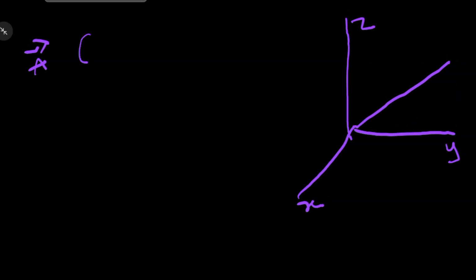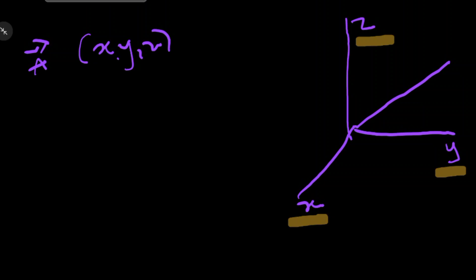What I mean by dimension is x, y, z. These are the dimensions in a rectangular coordinate system.